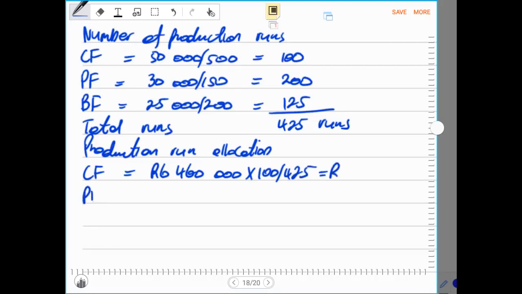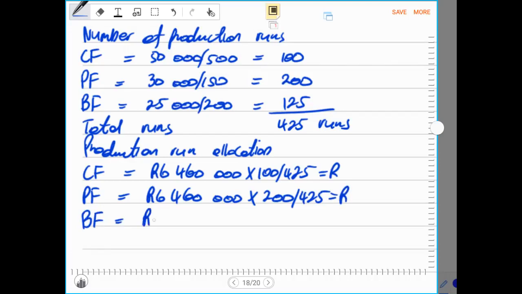Then we have PF: 6,460,000 times 200, divide by 425. We have BF: 6,460,000 times 125, divide by 425.